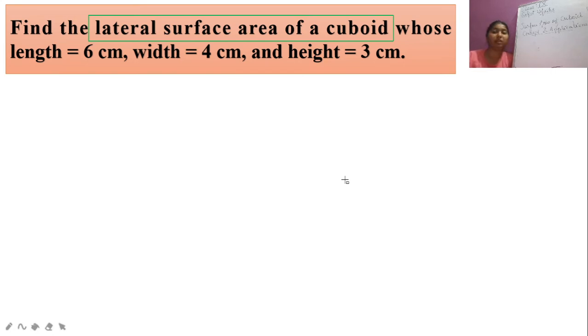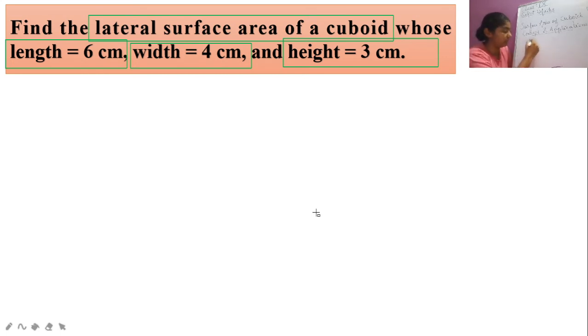We have to leave the two areas of a rectangle in that cuboid. Here we have length, width and height, so we have all the dimensions to find it out. Do it and tell me the answer.